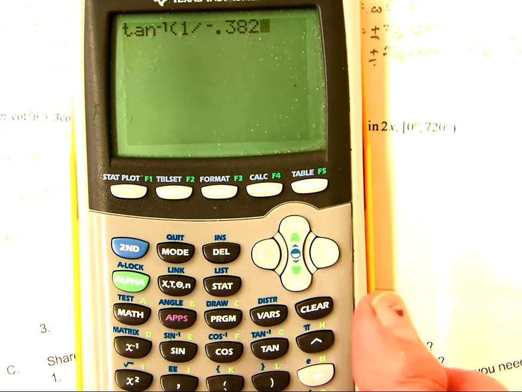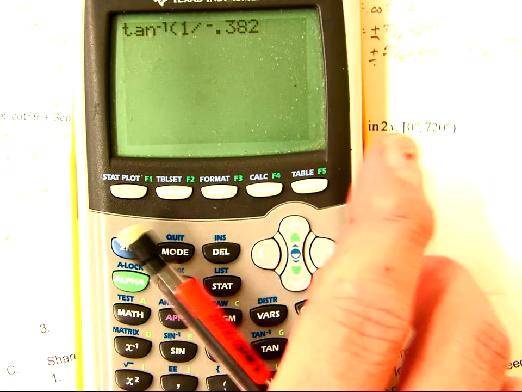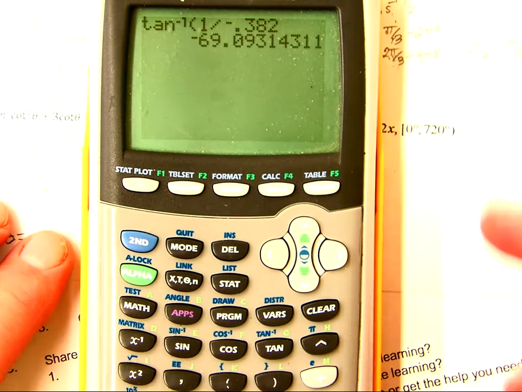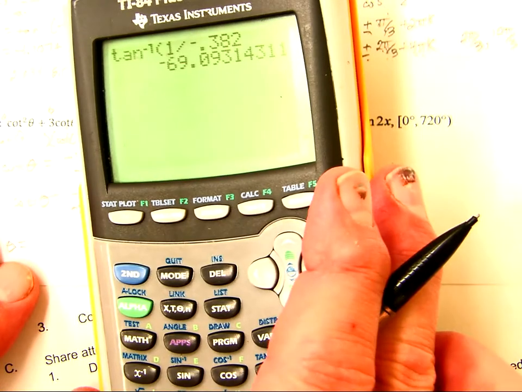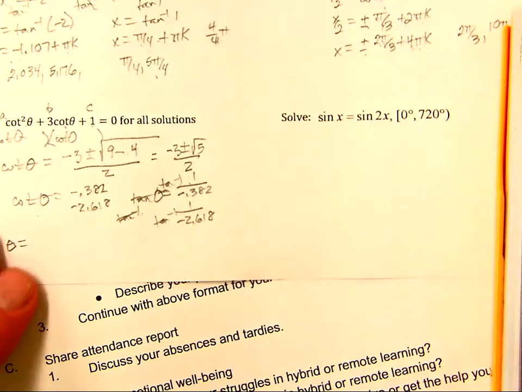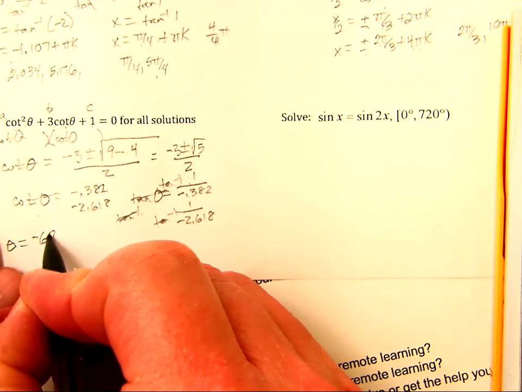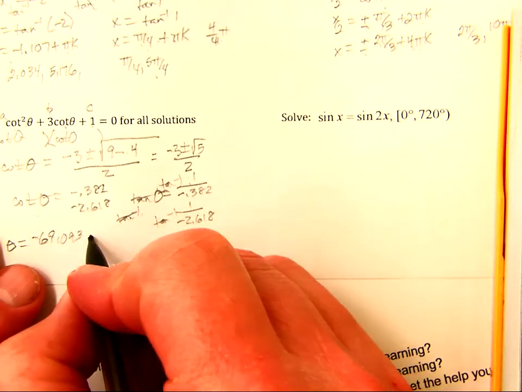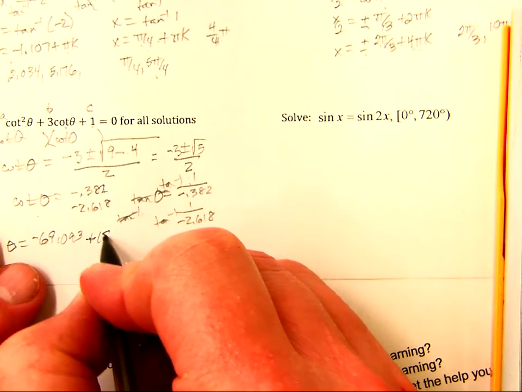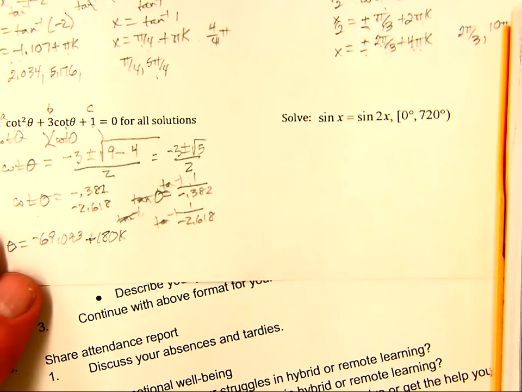Now I'm going to do the inverse tangent of that reciprocal. I get negative 69 point something. So for that one, I get negative 69.093. Remember, cotangent is like tangent, we only add 180k since we're in degrees.